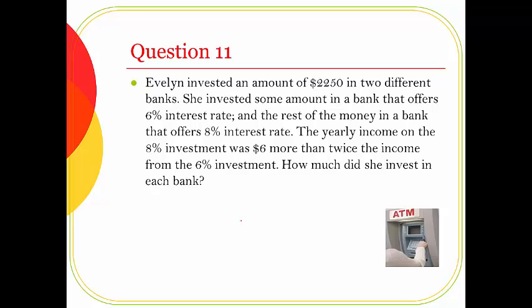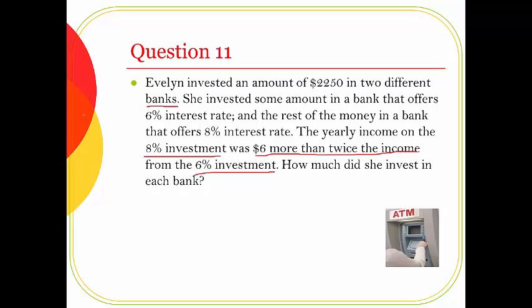This is similar to the one we did before. The only thing was there was an addition here, $6 more than twice the income from the 6%. Income from the 8% is $6 more than twice income from the 6%. It is 2 different banks.